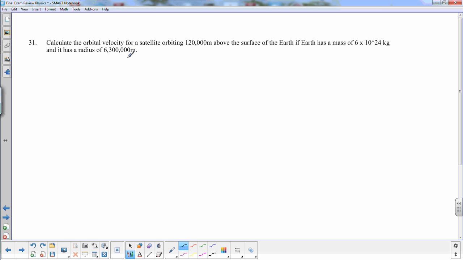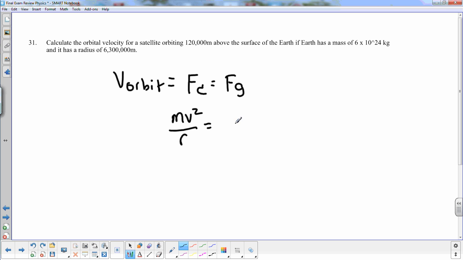This is also the mass of the object, because it's the mass of the thing going in circles. The mass of the objects cancel out. So v squared over r equals big G mass of the planet over r squared. If I want to get rid of this r, I would multiply by r, cancel, cancel.